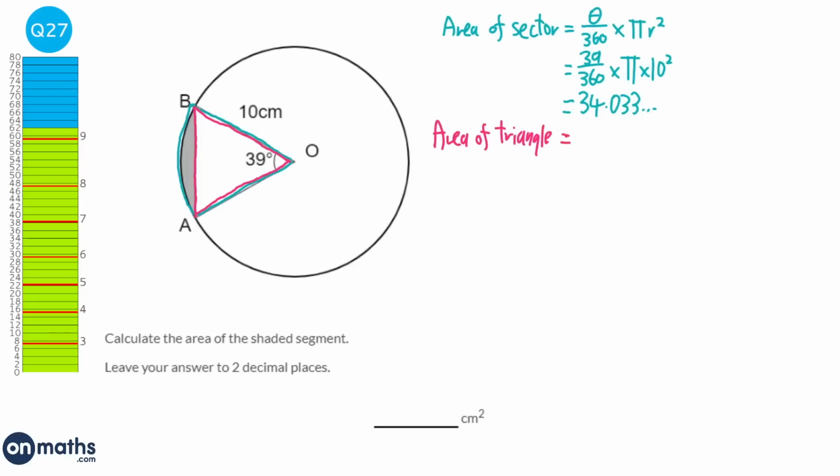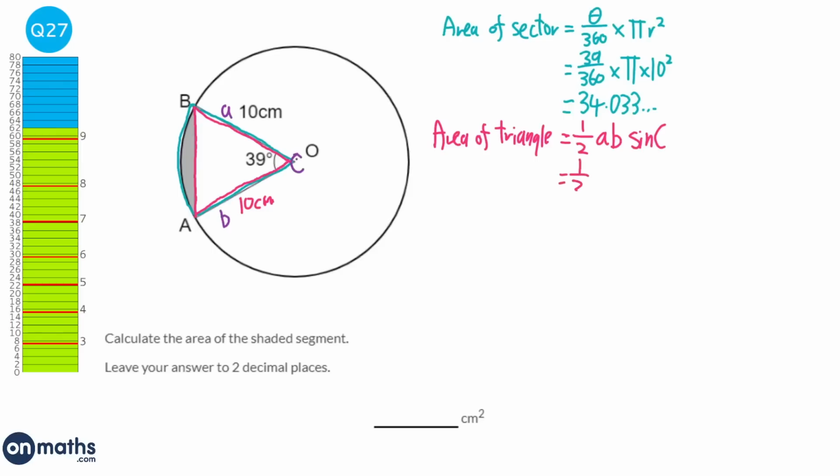If you have a look at the triangle, we've got 10 centimeters here because that is also a radius of the circle. So we've got two lengths and an angle, so we can use the half ab sine C formula. A and B are going to be our lengths, and C is going to be this angle here.